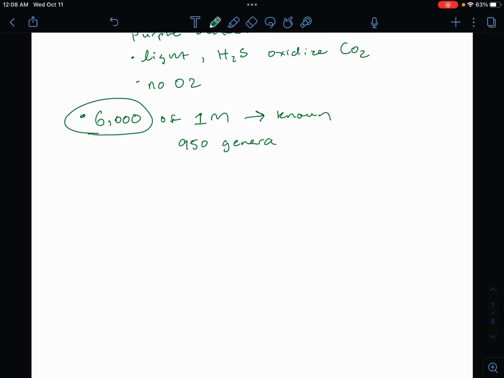We have 5 categories that we're going to be looking at. So we have the anaerobic chemotrophs. We also have the aerobic chemolithotrophs. Next we have the anoxygenic phototrophs.